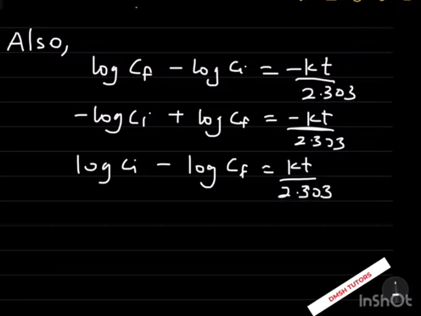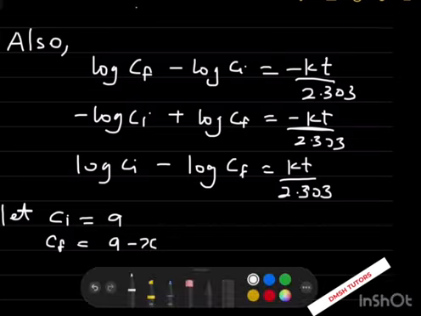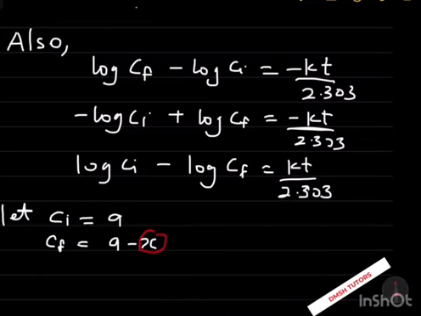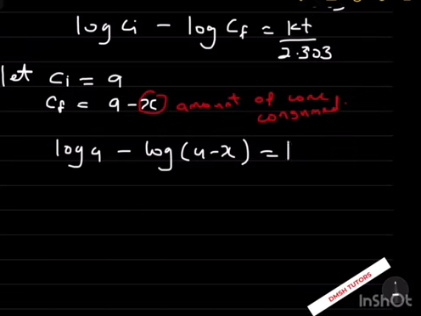Alright, now let C initial equal a, and C final equal a minus x, where x is the amount of concentration that has been consumed already. So log (a minus x) equals kt over 2.303.